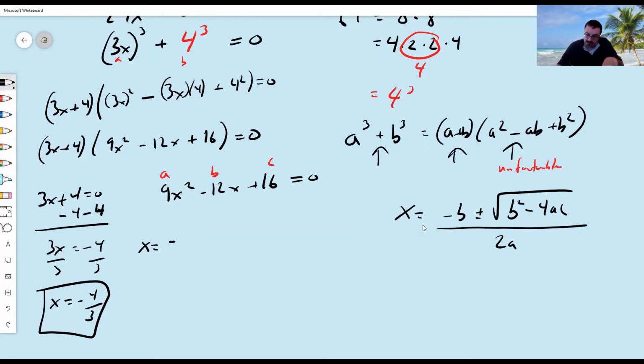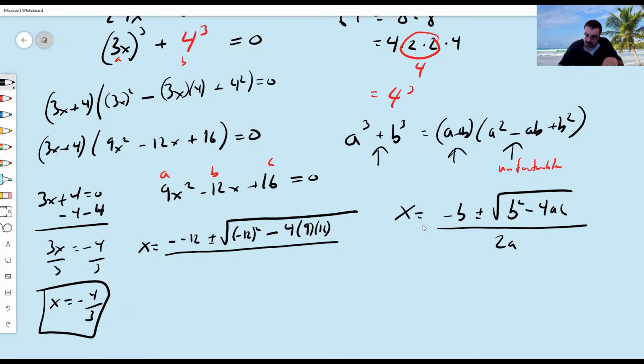So x equals minus a minus 12, plus or minus the square root of minus 12 squared minus 4 times a, which is 9, c, which is 16, all over 2 times a.